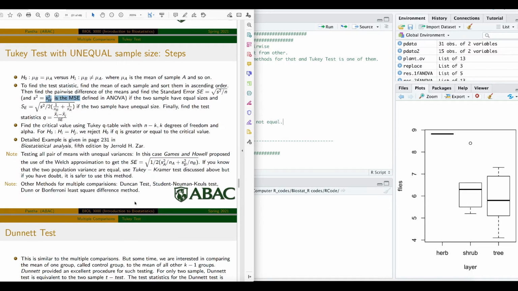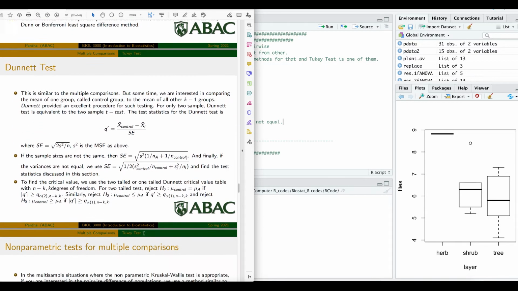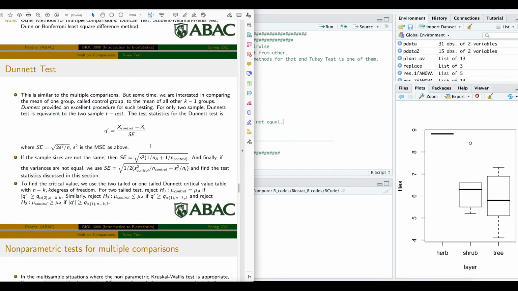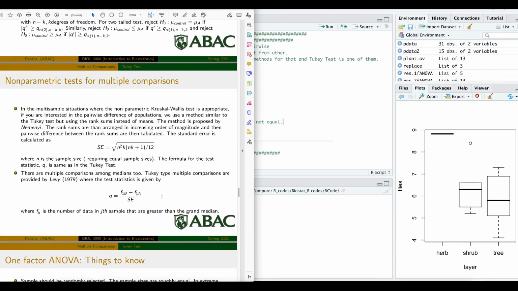Okay, other methods for multiple comparison are also the Duncan test, the Student-Newman-Keuls test, Dunn's test, and so many other tests. You can Google these tests and find a lot of materials. What I'm going to do is discuss only one example using the Tukey test.